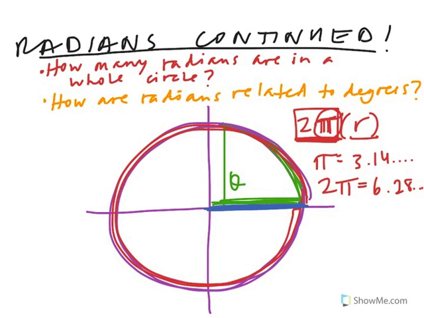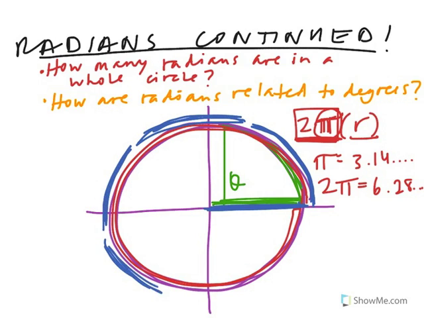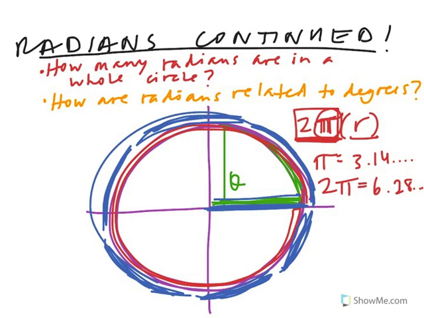Imagine that it's flexible, like a rope or something like that, and I'm going to try to lay it around the outside of the circle. So there's 1 radius length, 2 radius lengths, 3, 4, 5, and, well, roughly 6. That just goes to show you that you can fit a radius length around the circumference roughly 6 times.